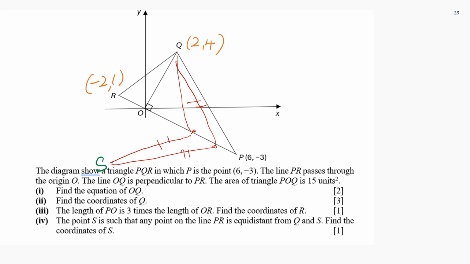This is what it means. So that means your line RP is like a mirror line. It's like a mirror line, right? So where do you think your point S is? Yes, your point S.